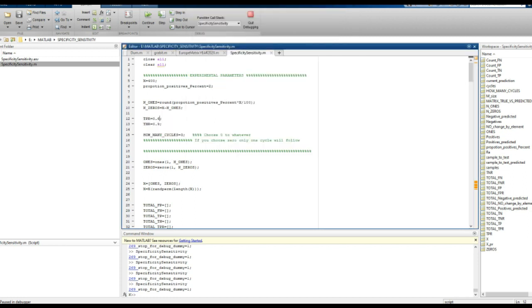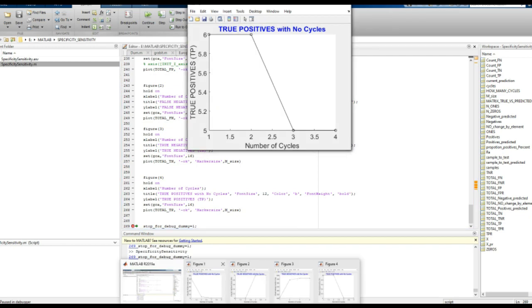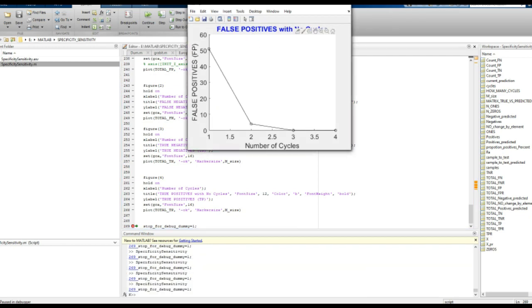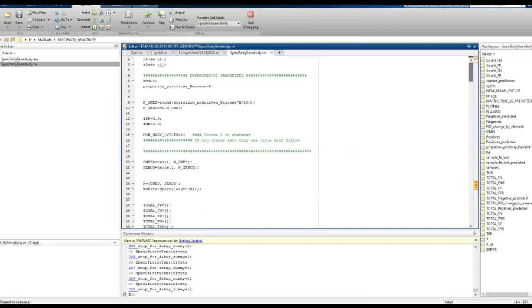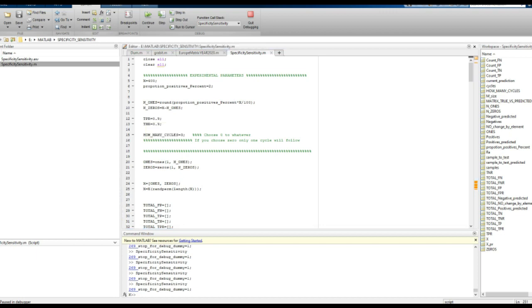Let's see what happens if, for example, they gave us a machine that's much better in true positive rate. Let's see if we got 0.9 and 0.9. Let's run the test again. So what happens in terms of false positives? Nothing. Basically, false positives is the same, and actually it makes sense because we changed only the true positive rate.